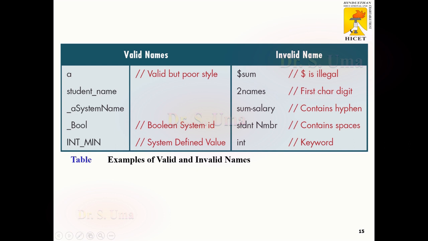In this second name we have a 2, which is a digit, so this cannot be a valid name. Then we have an embedded hyphen in between the variable name. Then we have an embedded blank space over here in this name. Then int is a keyword.